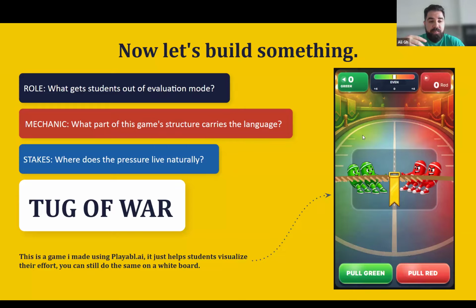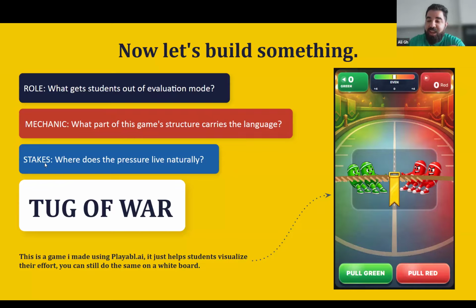If you look at the mechanisms, the role, the mechanics, the stakes, what I just explained, we just did everything. We gave everyone a role or a reason to care in terms of who they are, so that they don't have to worry. We took two mechanics of two different games and used them to our advantage so that they can help each other also grow.